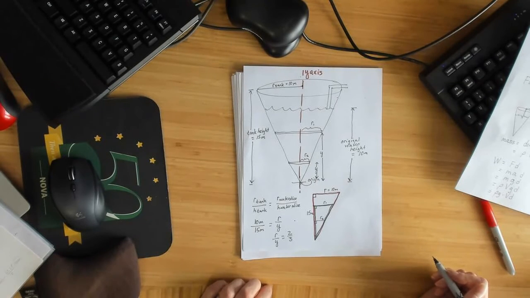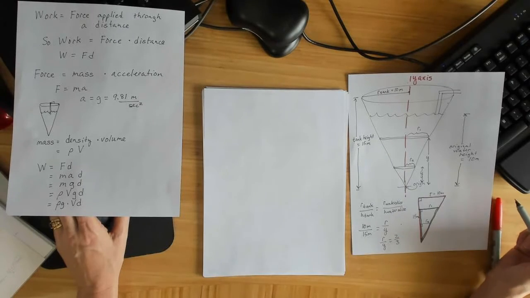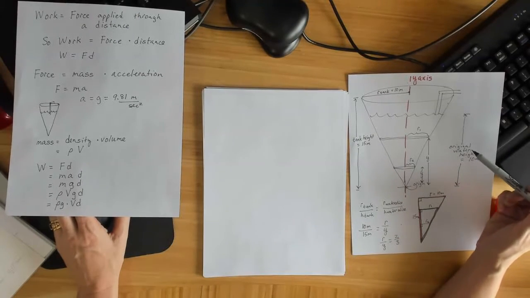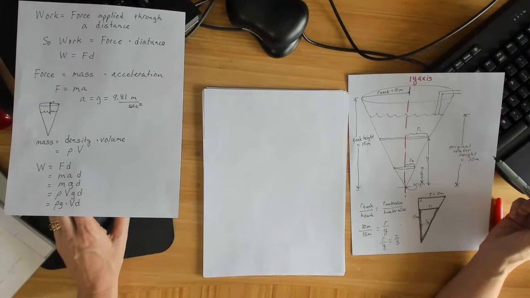Let's look at the next piece. Now you may be wondering why we have to go to all this trouble to compute the work. Why don't we simply find the volume of all the water, compute its mass, and then multiply by gravity?